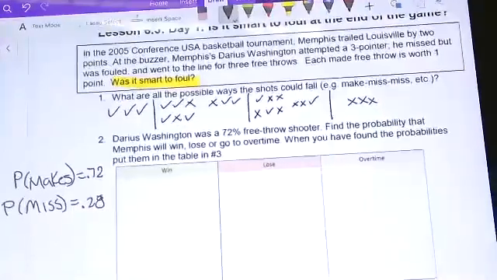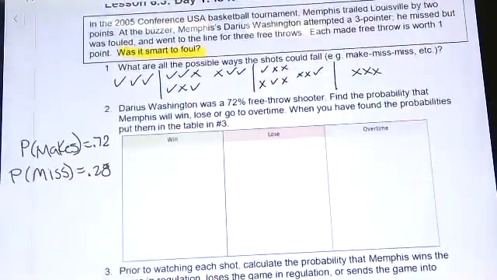Okay, so we're basing that off of his stats. So at that time, he was a 72% free thrower. So we're going to assume that every time he steps up to the line, his chances of making the basket is 72%. The chances that he misses the basket is 28%.